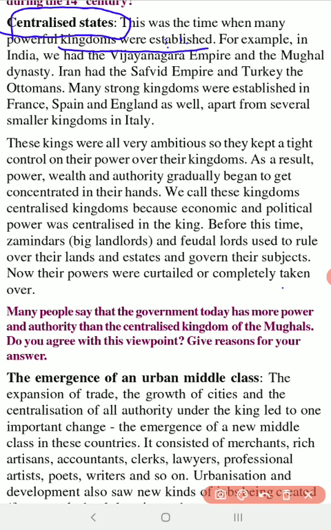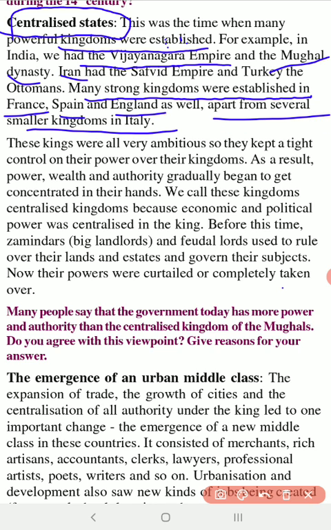For example, in India we had the Vijayanagara Empire, and then the Mughal dynasty, and the same thing happens in Iran also. Okay, and then there were many strong kingdoms established in France, Spain, England as well, especially during the early modern age. So what happens?